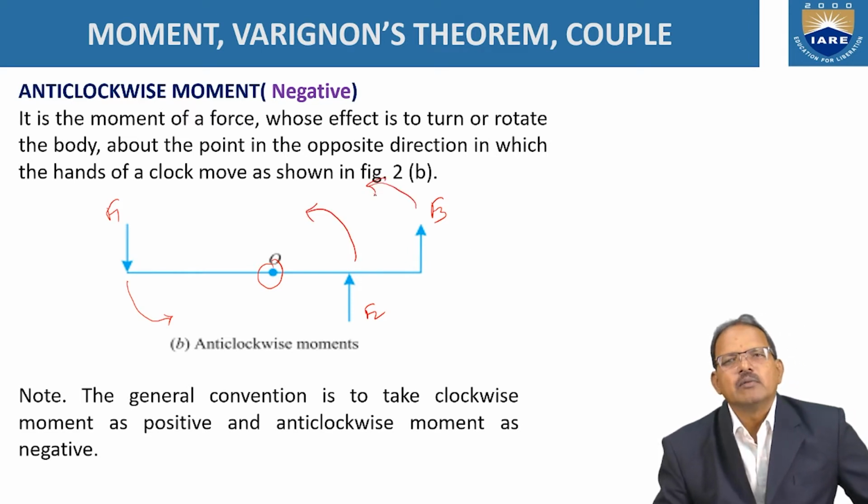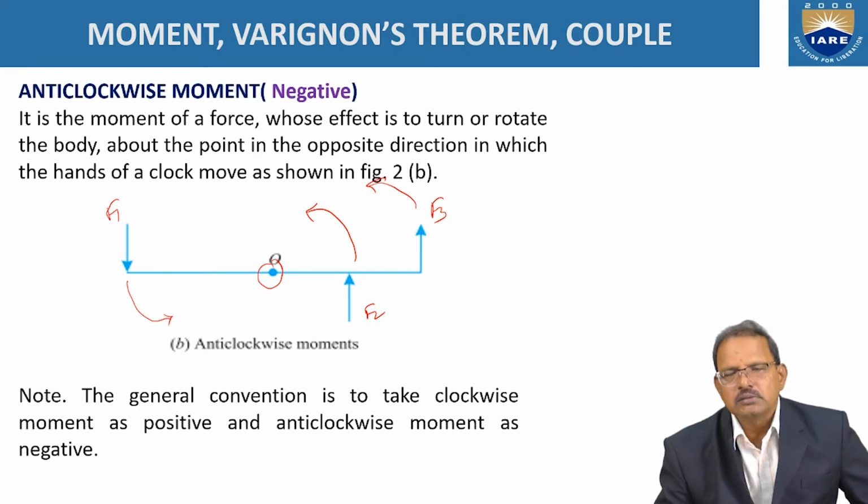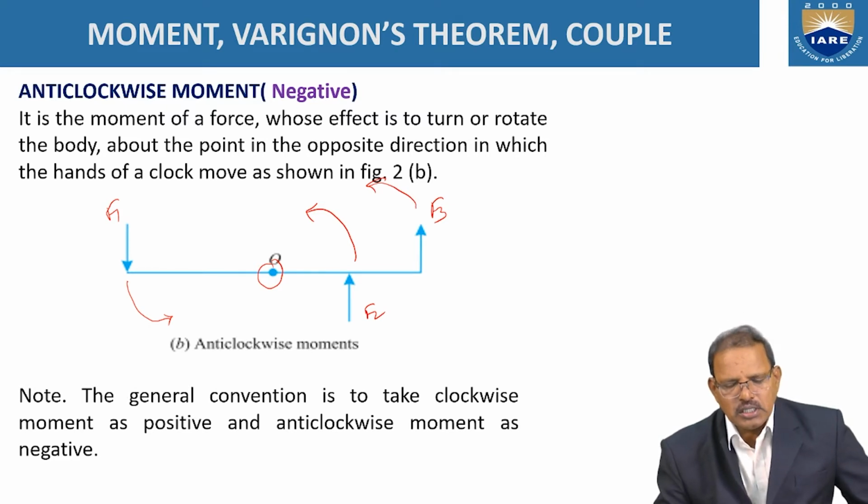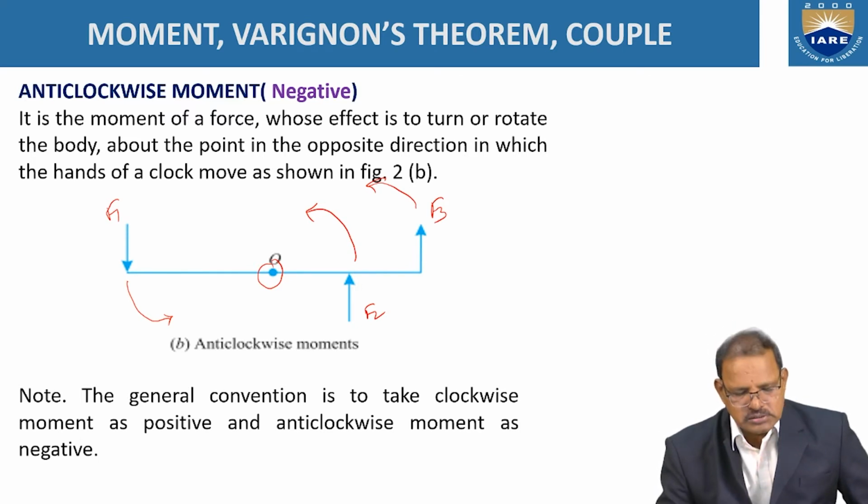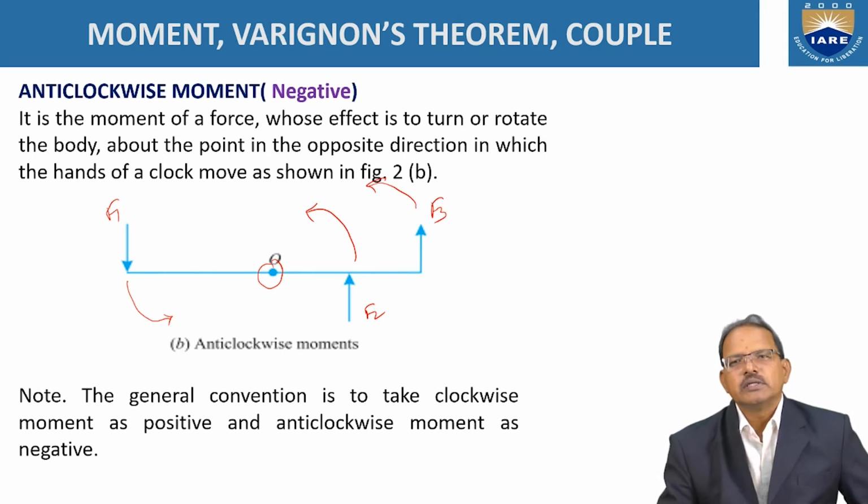Hence, the moments created by these forces F1, F2 and F3 are treated as negative moments. So, in general convention, while solving problems, clockwise moments are treated as positive moments and anti-clockwise moments are treated as negative moments.